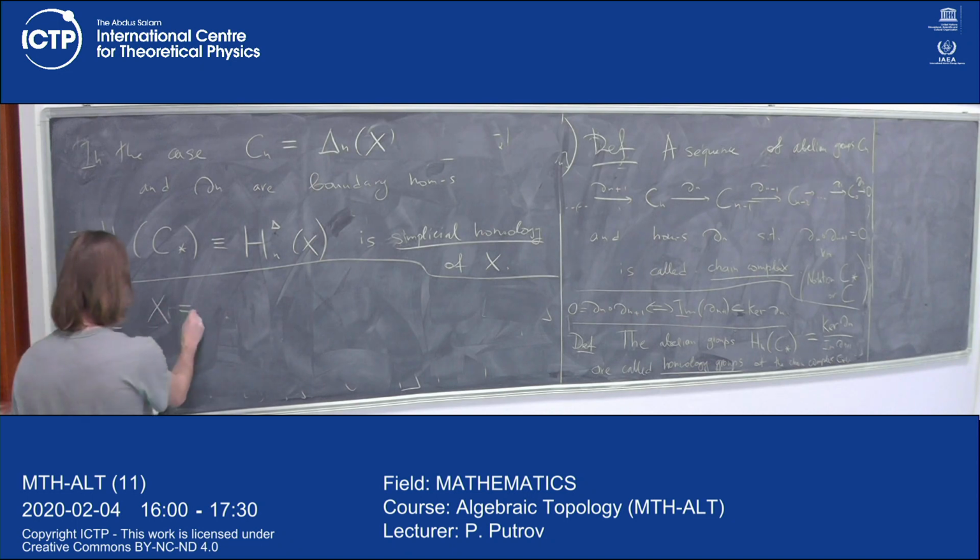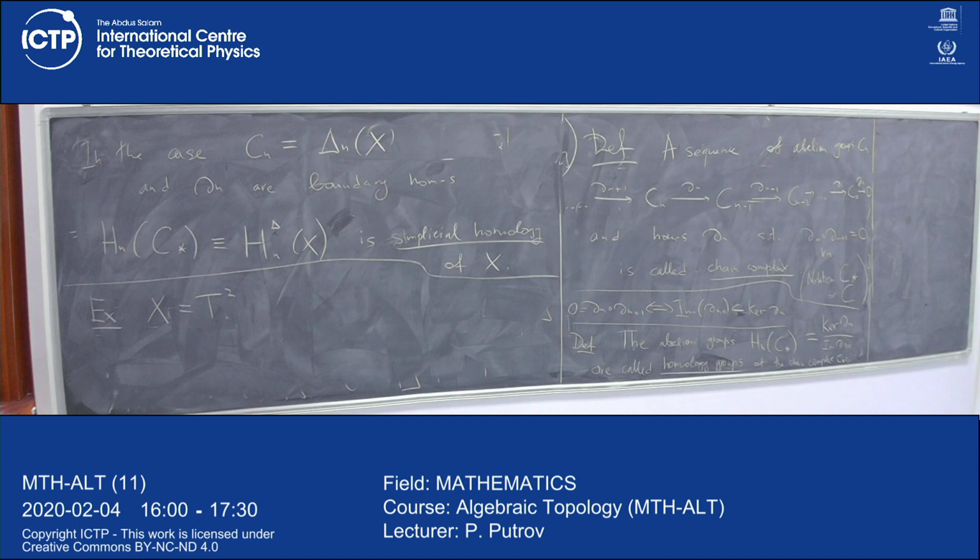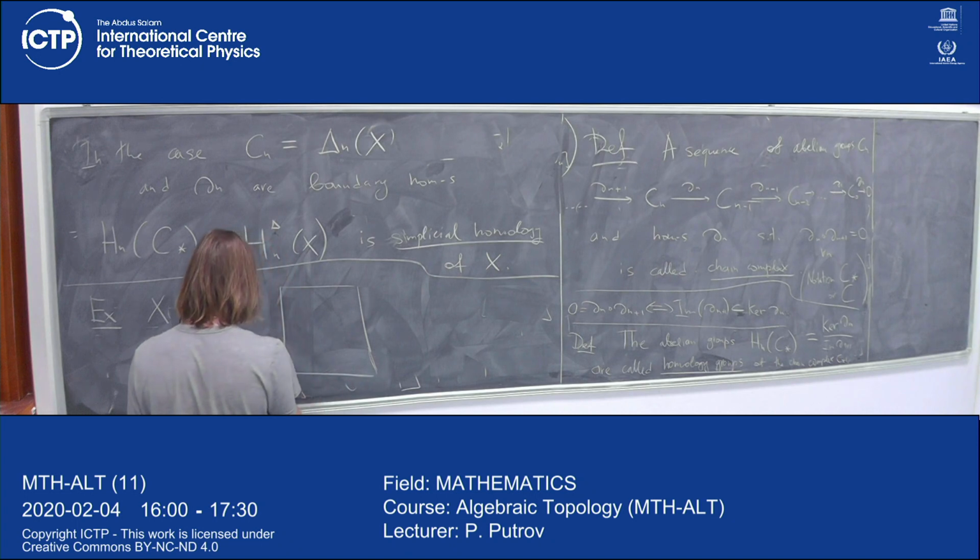So let's see what happens for our example, which we considered before, when X is T^2. We had this delta complex structure.